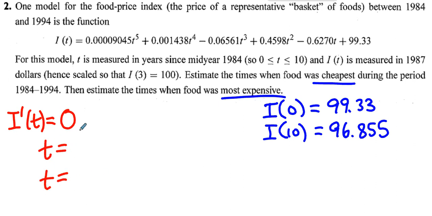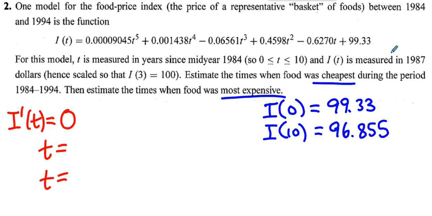So we take I prime, we set it equal to 0, and then we graph that thing to see where the roots are. So we take the derivative, 0.00045 t to the fourth plus 0.005752 t to the third minus, and so on, whatever that turns out to be. We graph that function.